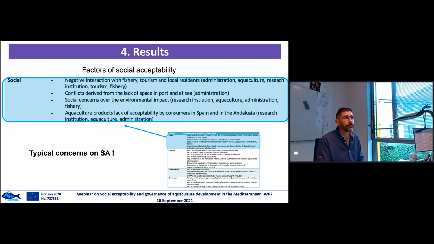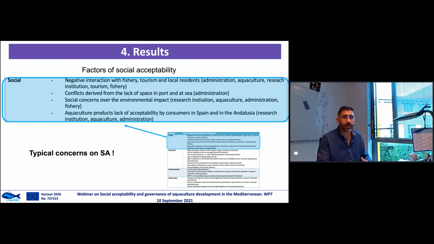Well, it seems that there were some key factors in social acceptability. There are negative interactions between aquaculture and the other stakeholders, such as fisheries, tourism, but also local residents.